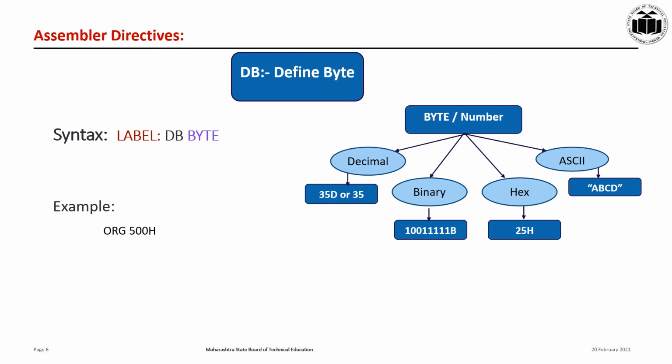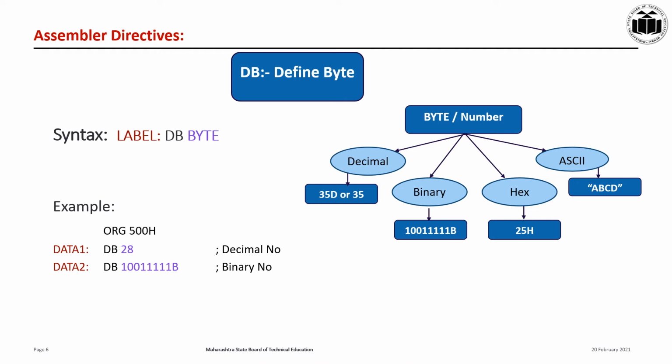Examples: ORG 500H, data1 DB 28. This define byte will define 28 as data1. So it is defining the decimal number 28 as a data byte. Data2 DB 1001111B.